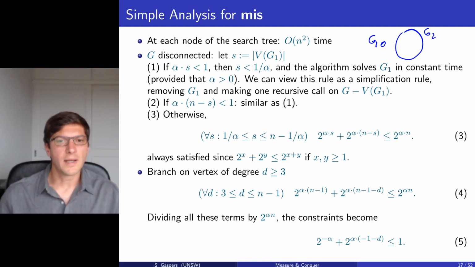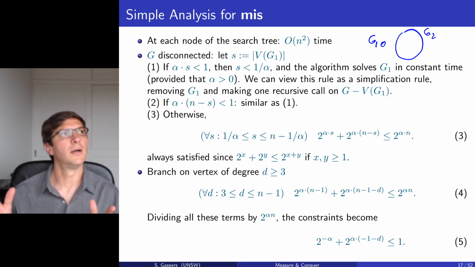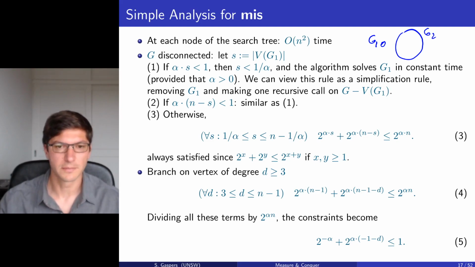Okay, so when the algorithm branches now on a vertex of degree at least 3, what does it do? It either deletes this vertex or it deletes the vertex and its neighbors. So that's what happens to the instance in the recursive calls.